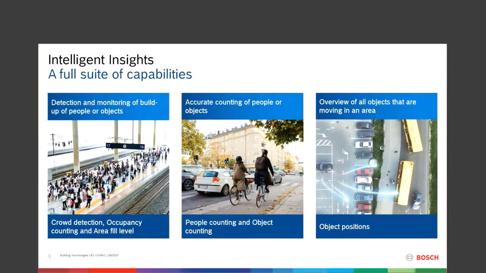Another scenario is accurate counting of people or objects, using the people counting and object counting use cases. While the first one might be applied, for example, to commuting, railways, or metro, the other one naturally looks very applicable in all kinds of traffic applications, intelligent transportation systems, and so on.